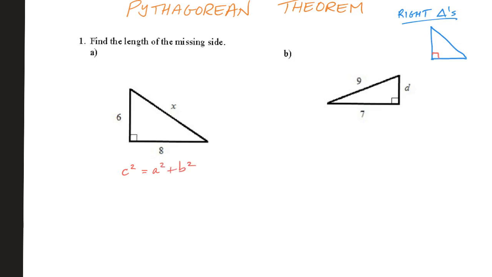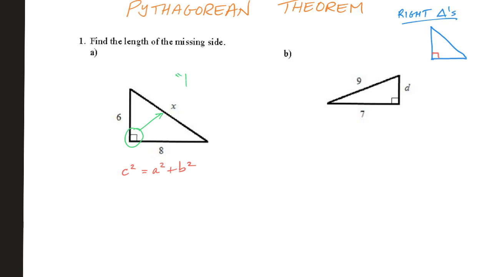Now, on the triangle right now, I'm just going to go through and label each of those sides. The only side that has a designated name to it, the only side, is the longest side. And we can always find the longest side by the side that is opposite our 90-degree angle.